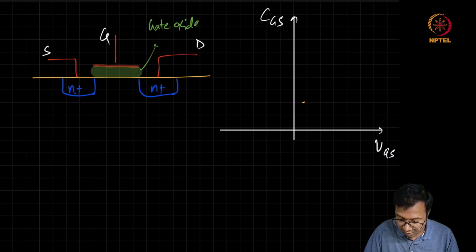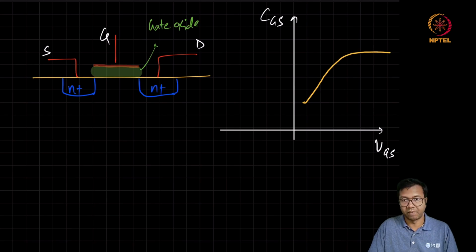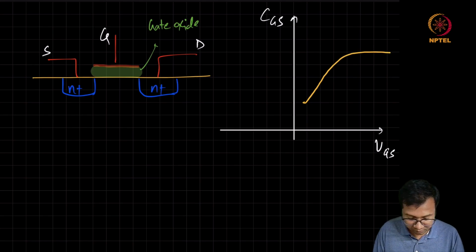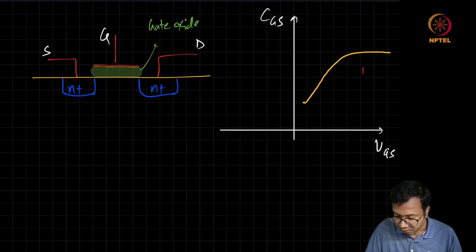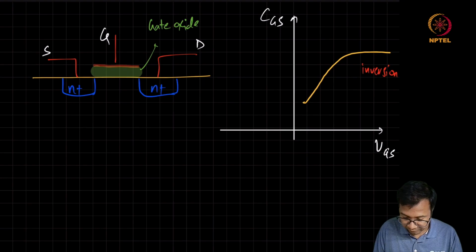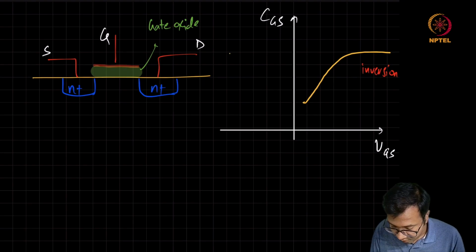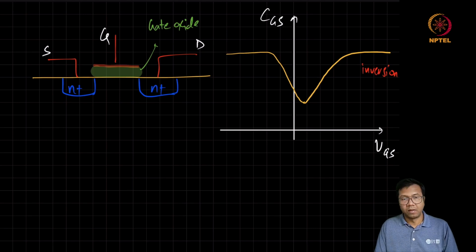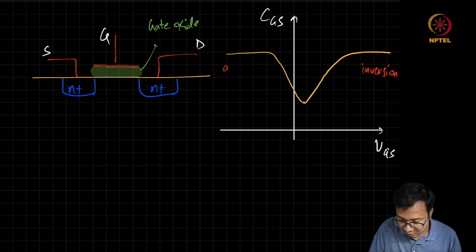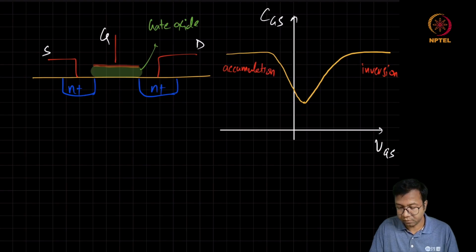But as we increase the gate source bias, this capacitance increases because of inversion. Similarly, when we reduce the gate source bias, there is an accumulation which again causes the effective capacitance between gate and source to increase.